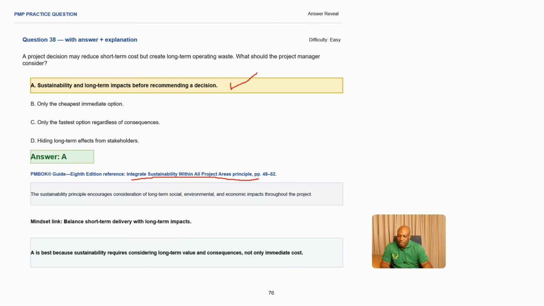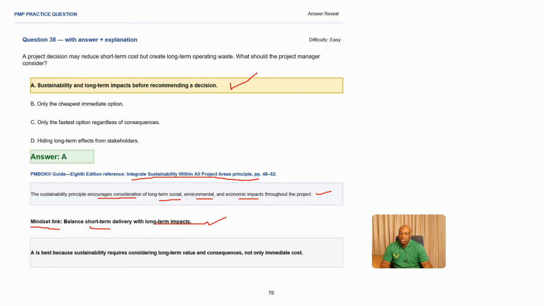What does it say? So the sustainability principle encourages, okay, consideration of long-term social, environmental, and also economic impacts throughout the project. This is very important. So the mindset that is applicable here is you need to balance short-term delivery with long-term impact.